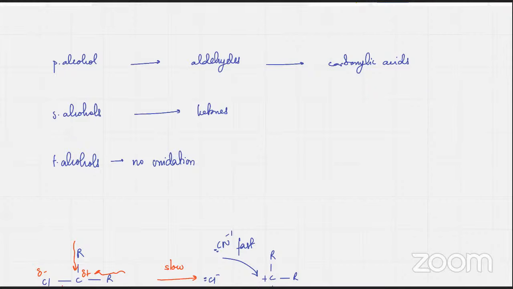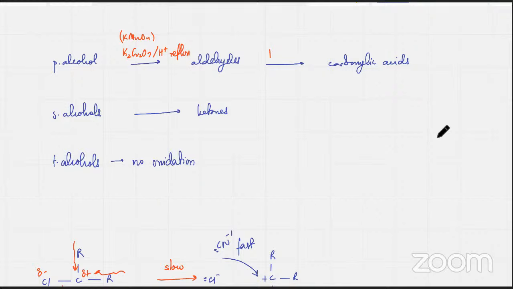Okay, so primary alcohols turn into aldehydes and then carboxylic acids. Now the reaction conditions for this one can be K2Cr2O7 acidified and reflux. And you can also use KMnO4 for this, which would also be acidified and reflux. This one is the same.